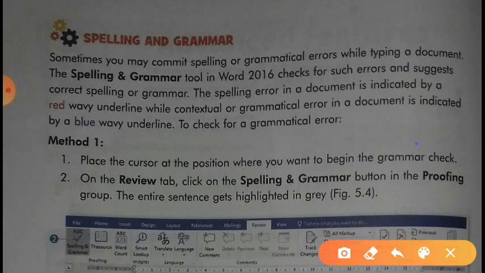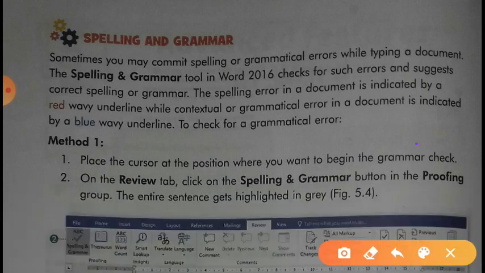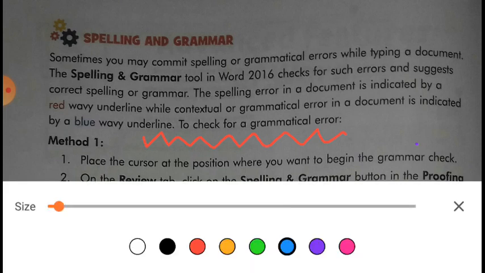it means if your spelling is wrong, then the computer will show a red wavy line like this, and when there is a grammatical mistake, the computer will show a blue wavy line.